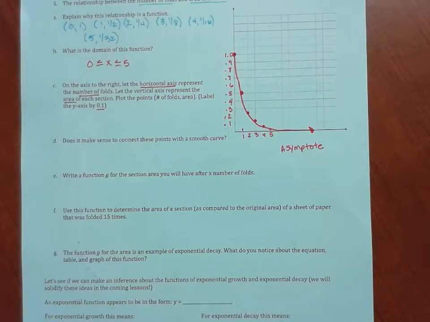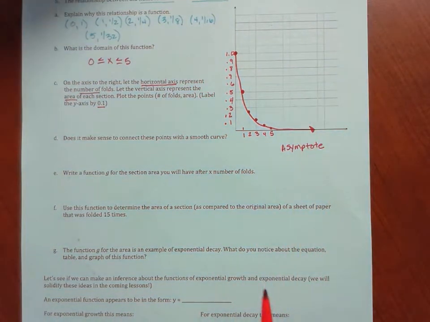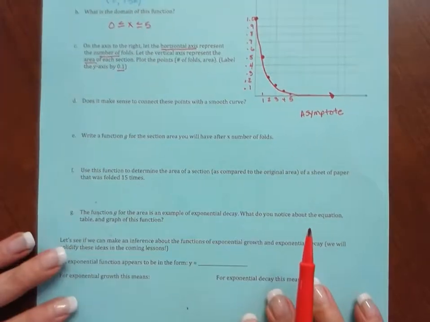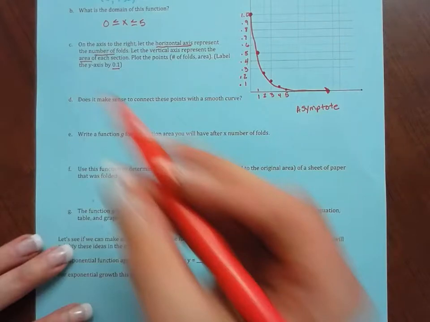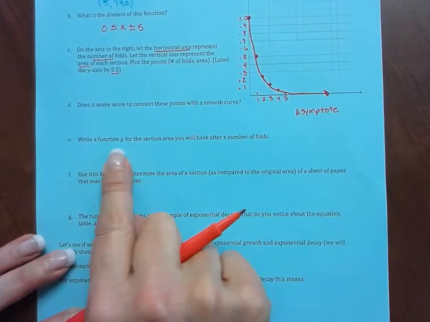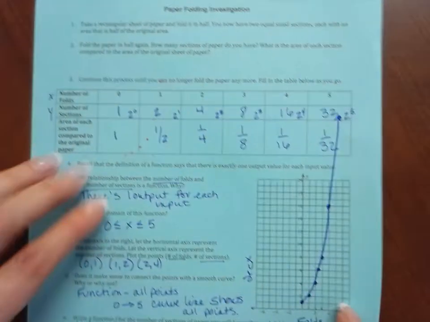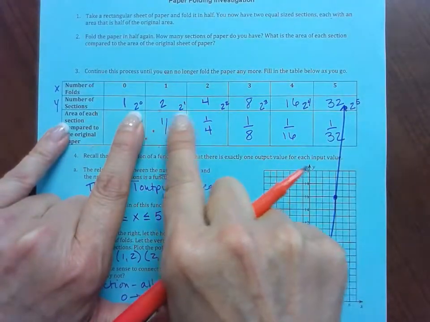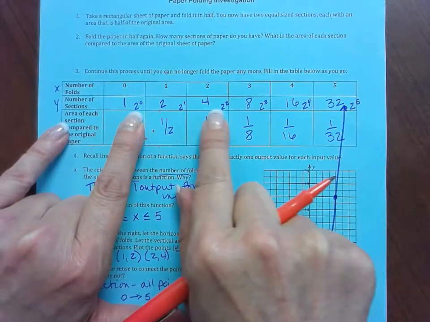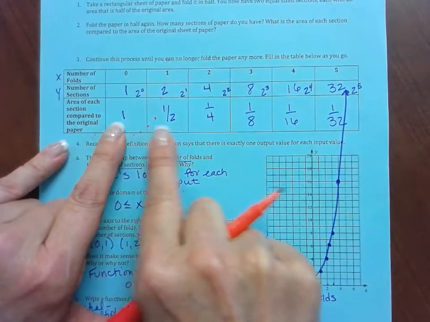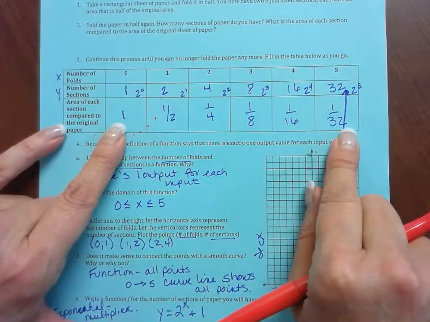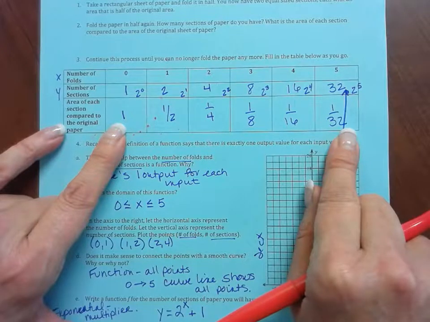All right, so we connected with the smooth curve, because it's a function. And let's write the actual function. So if we think about what we did up here, because that's how we found our base, how can we turn our fractions into something with an exponent?